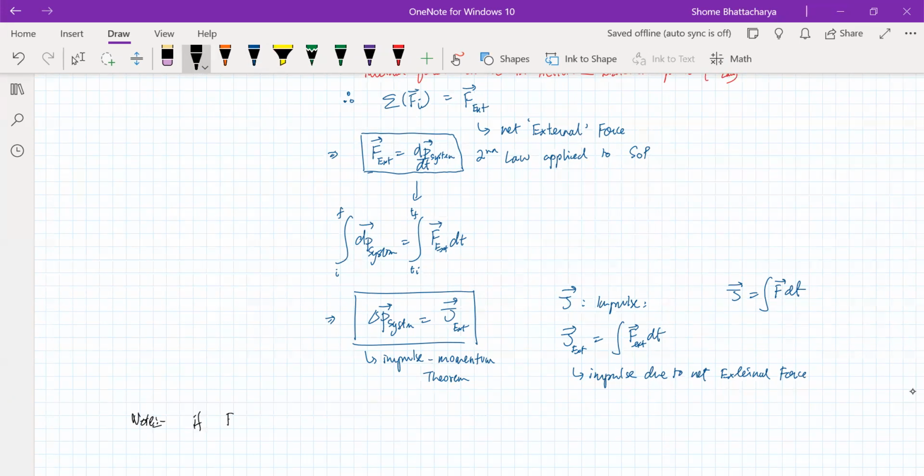So if the net external force is zero for a system, then the external impulse becomes zero, and therefore momentum of such a system is conserved.